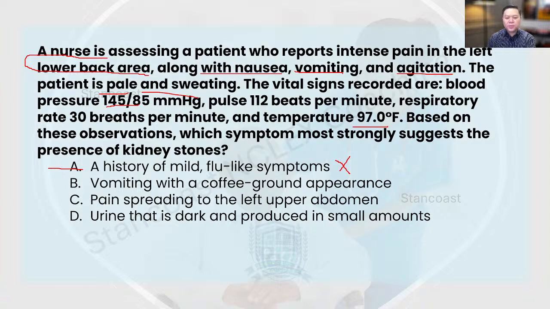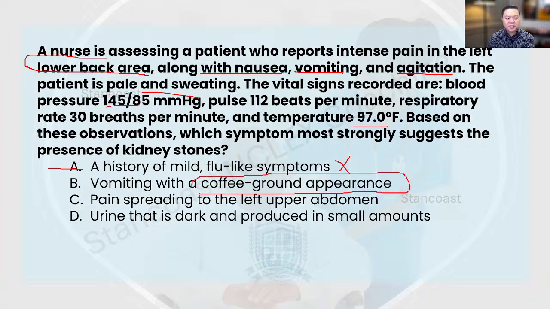Now, what about letter B? Vomiting with coffee ground appearance. So what do you think about that answer? Would that be a possible answer? If you're going to say maybe the vomiting was so severe that it caused some erosion into the gastric lining, no, that's not going to be possible for a kidney stone. The coffee ground appearance of vomitus is significant.